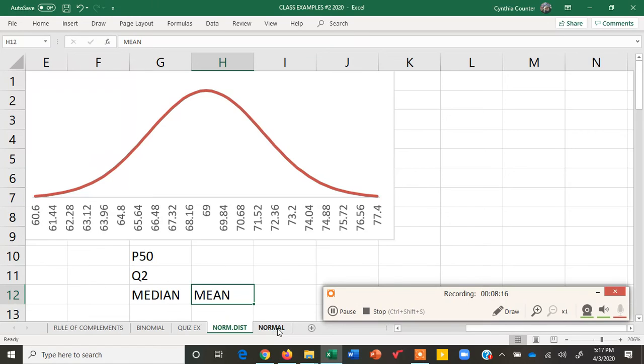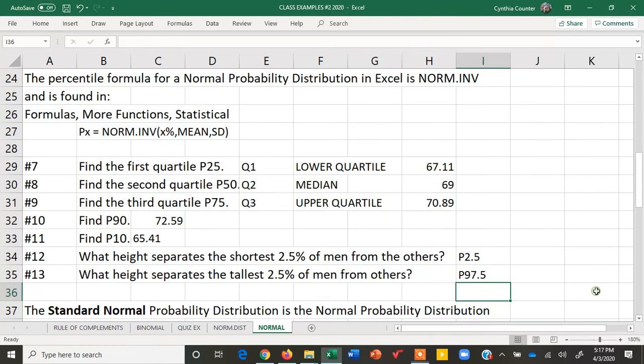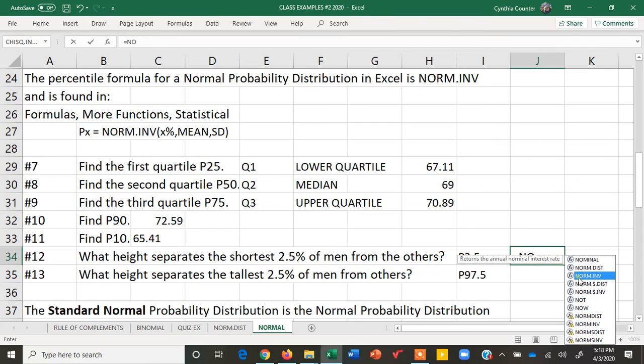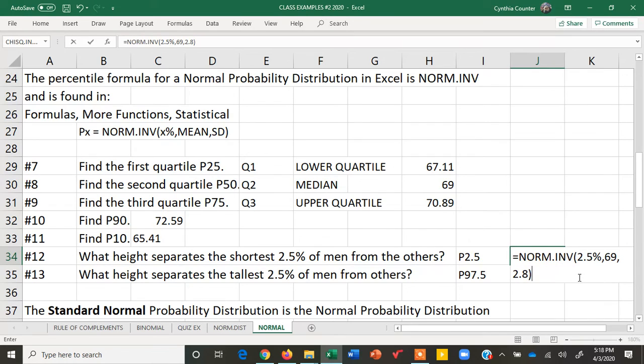So let's now go back and find these percentiles. So NORM.INV, 2.5%, comma, from our distribution has a mean of 69 and a standard deviation of 2.8. So we have 63.5 inches separates the shortest 2.5% of men.